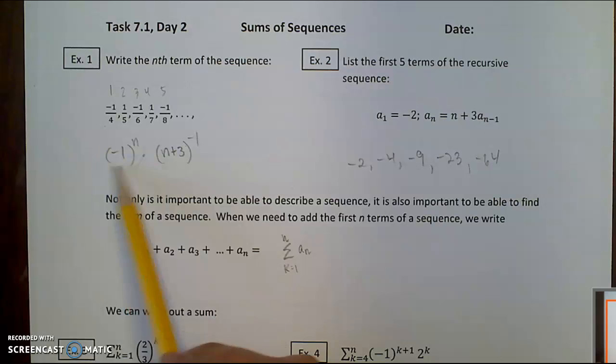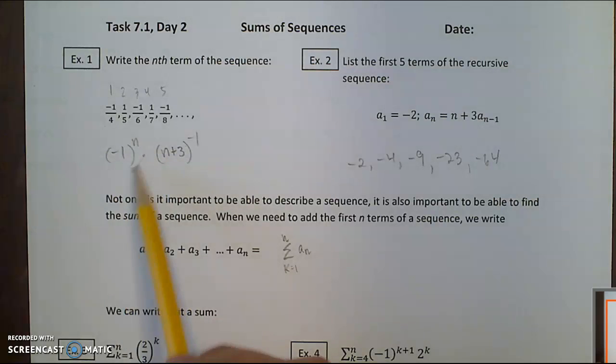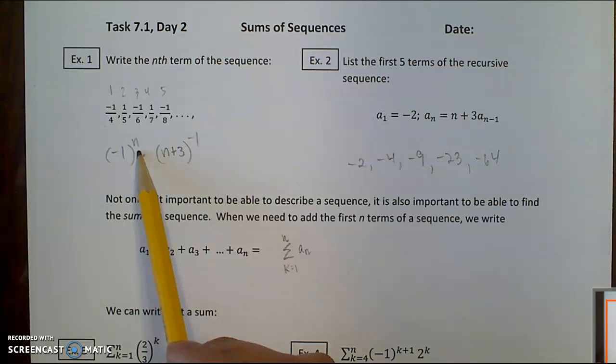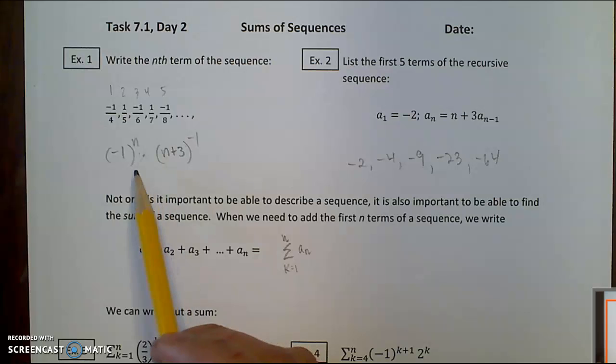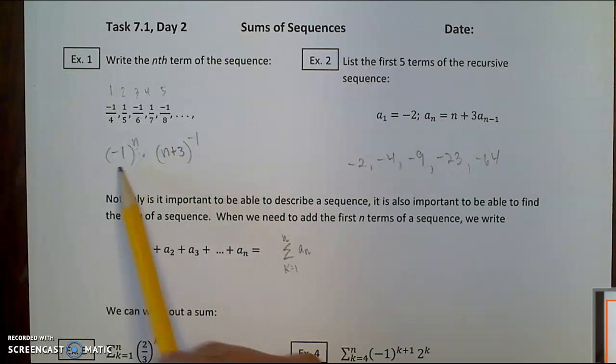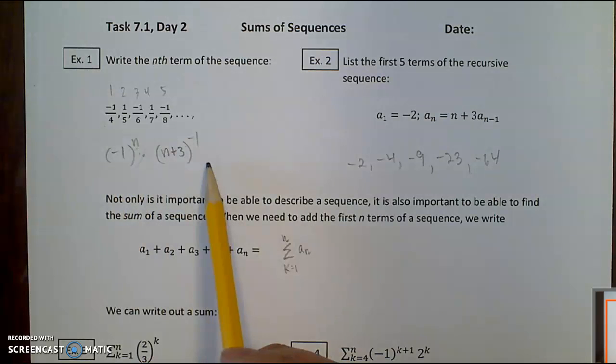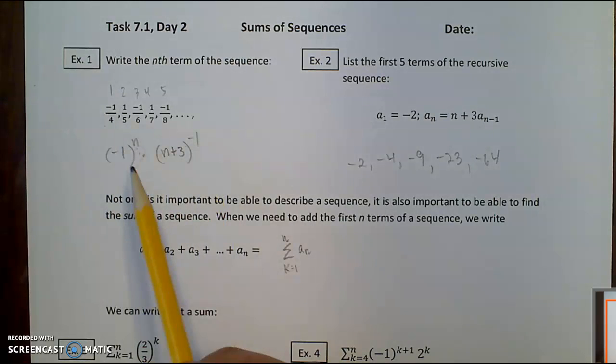And we talked about how for sure you should have a -1 to some n exponent as part of your explicit. Alright, so again, if we plug in 1 for the first term, remember n represents the term number, right? -1 to the first power, which is odd, would bring this to be a negative value, which we want for the first term.